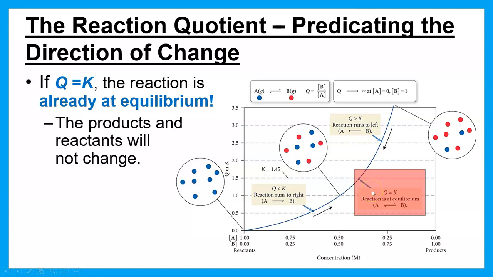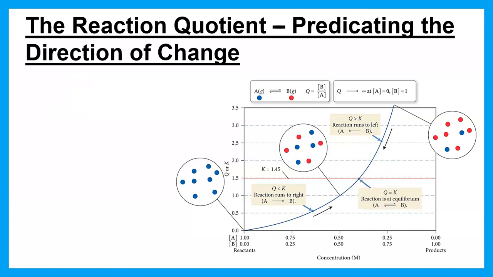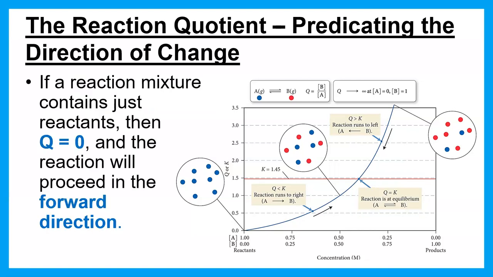Sometimes people get a bit stumped if they have a scenario where all they have is reactants or all they have is products. They try to plug things into their equation and they don't stop to think about the logic, kind of the common sense scenario. If you have nothing but reactants, how could you go backwards?